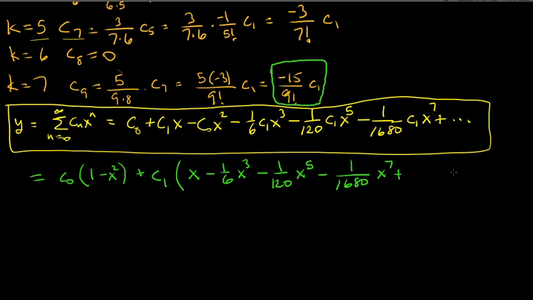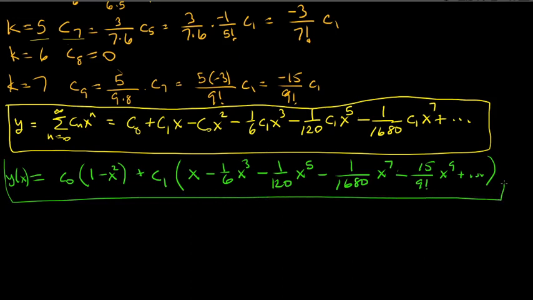It's negative 15 over 9 factorial, whatever that number is. So negative 15 over 9 factorial times x to the 9th, plus dot, dot, dot, even though it's probably a minus. So there you go, there's your complete series solution. y of x is equal to this, and you can call this C1 and C2. That's the way we used to do it.